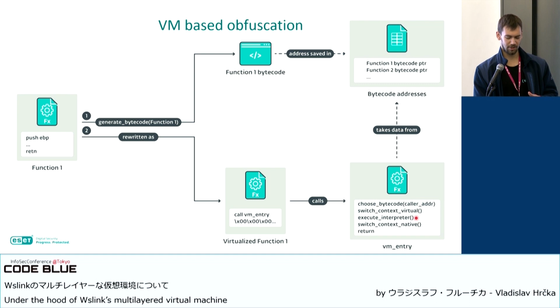After that, we can execute the interpreter that understands this context and does some operations on it. And after that, we switch it back to native, so we just move the virtual registers back to native ones, and then continue the execution.